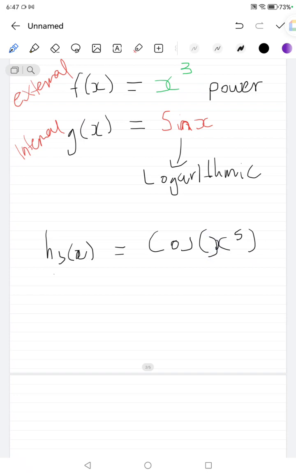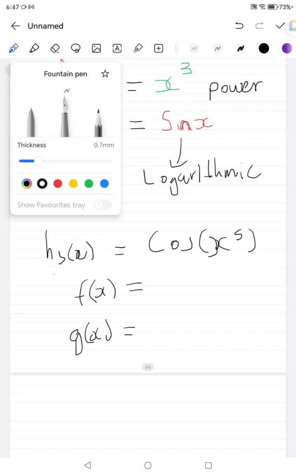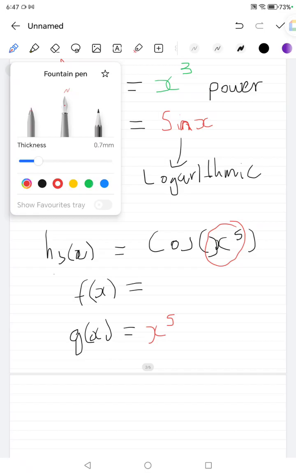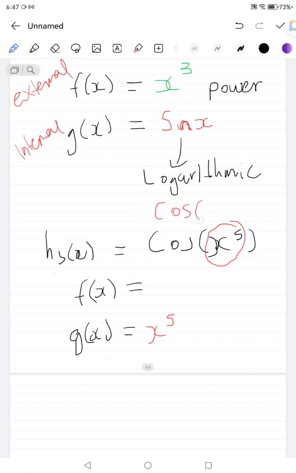So this one, I just think it's pretty straightforward. We have f of x, which is your external function. Then we have our g of x, which is going to be the internal function. So with this one, without wasting time, we have this one that's on the internal side, we have x to the exponent 5. Then after removing this, what are we left with? We're only left with cos of x.